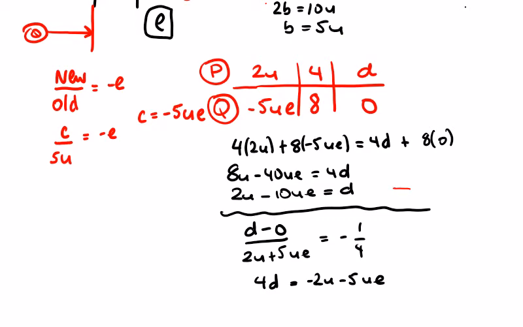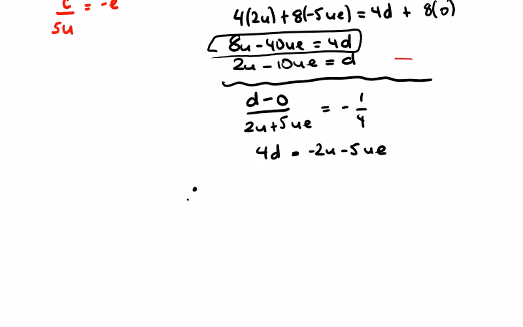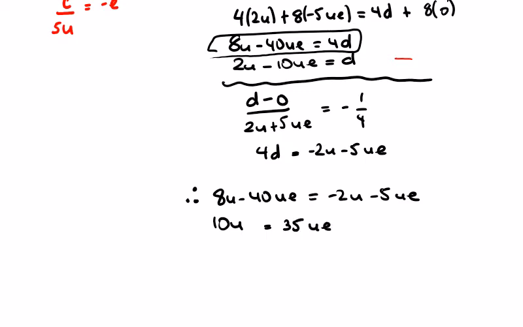And we had an expression for 4D up above as well that we could equate to this one. Therefore 8u minus 40uE is equal to minus 2u minus 5uE. So we're going to get 10u equals 35uE, bringing the 40 across. Dividing by u, we get E is equal to 10 over 35, which is 2 over 7.